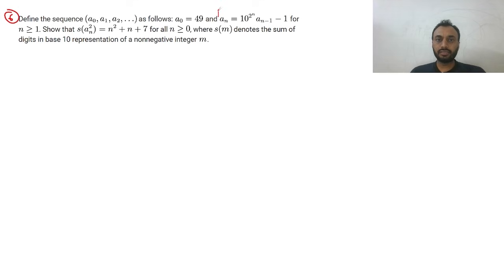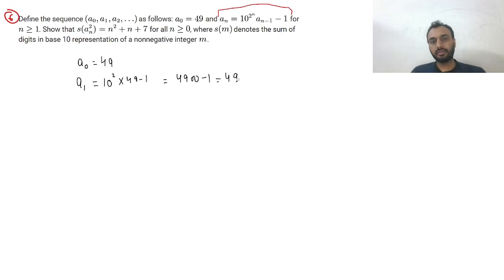So we have given this is An. Now let's try to figure out the first few values. A0 is given, that is 49. If we go for A1, A1 is 10 power 2 into 49 minus 1, which is 4900 minus 1, which is 4899, right?